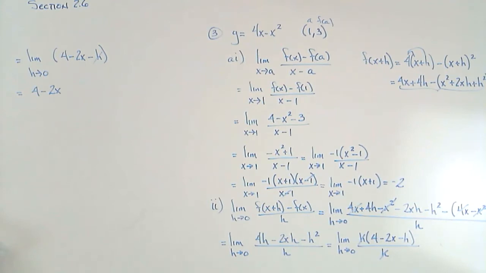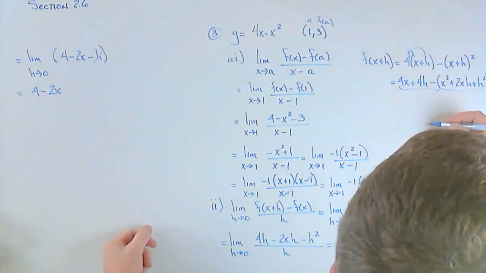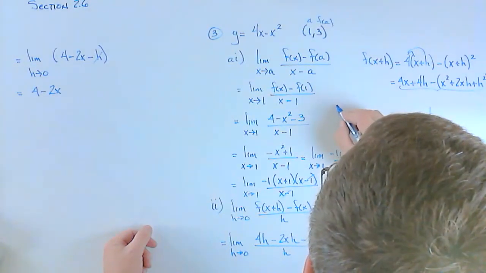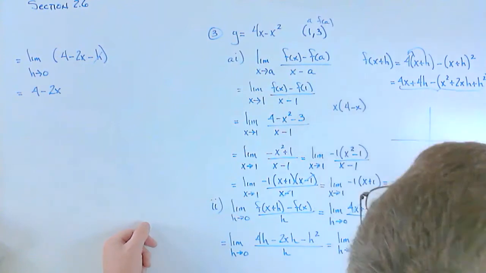Now, I'm looking back here because I think I might have made a negative sign error somewhere that I'm not really sure about. The graph of 4x minus x squared, if we were just to graph that real quick, is x times 4 minus x.